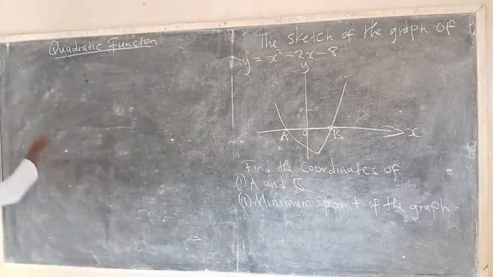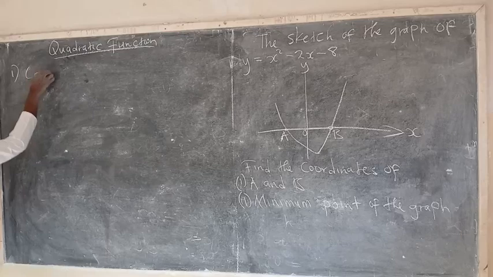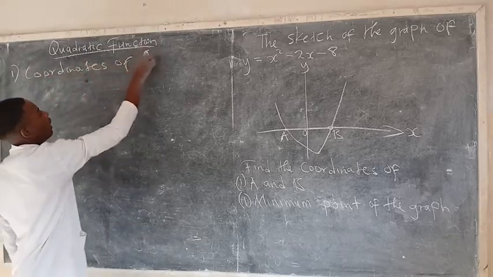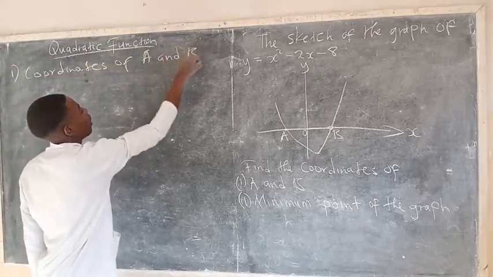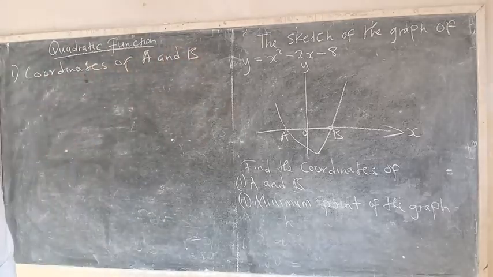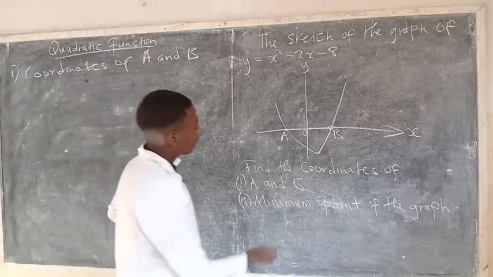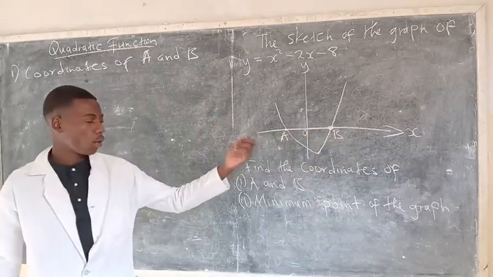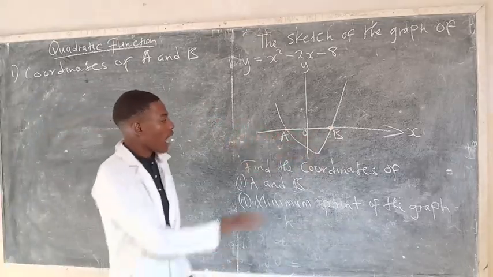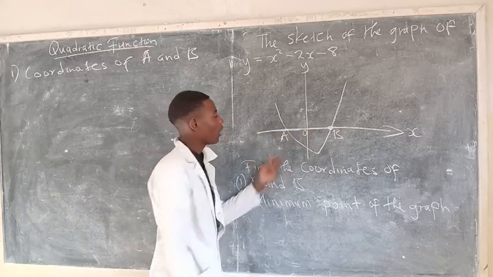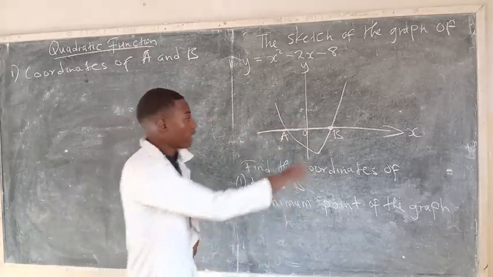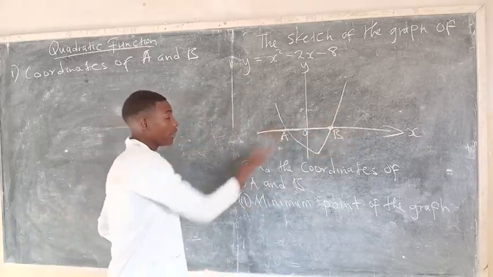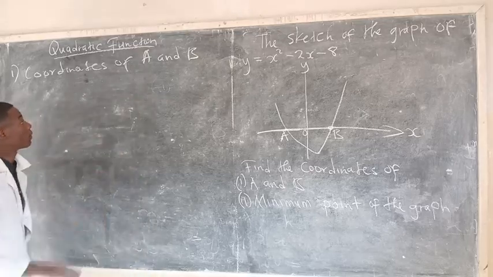So the first one, they want us to find the coordinates of A and B. So how do we find coordinates? There is one rule which states that at the x-intercept, where the curve crosses the x-axis, y is always equal to 0.